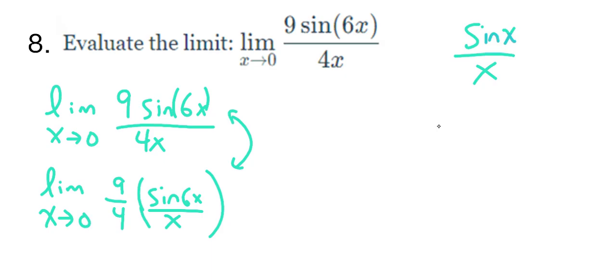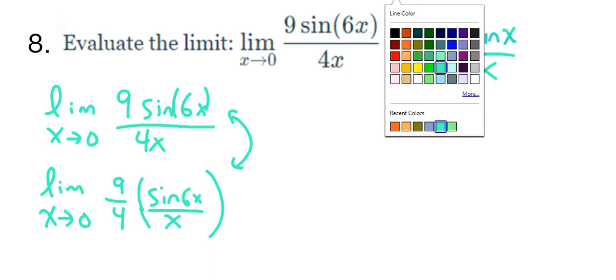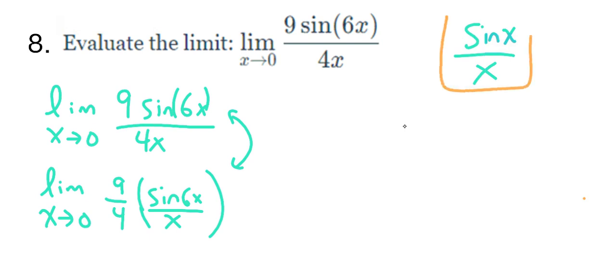All right, now let's talk about this right here. This says sine of something over that same something. So in this case, I have sine of 6x.